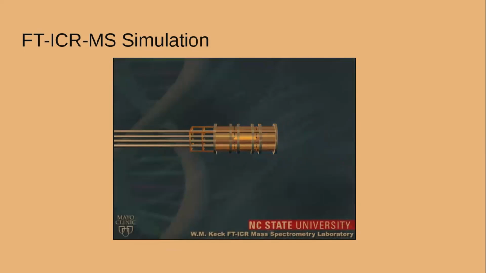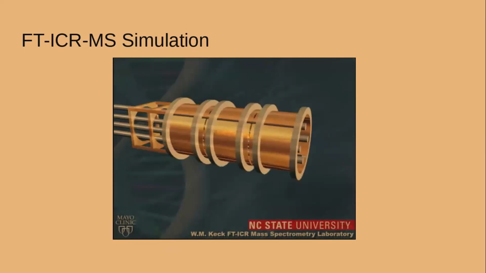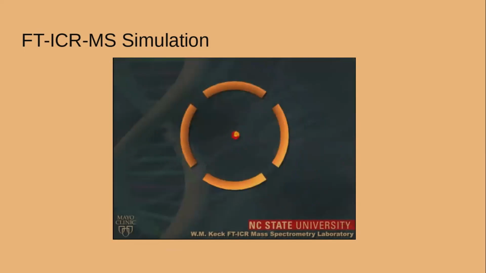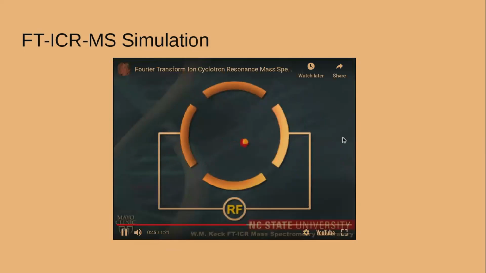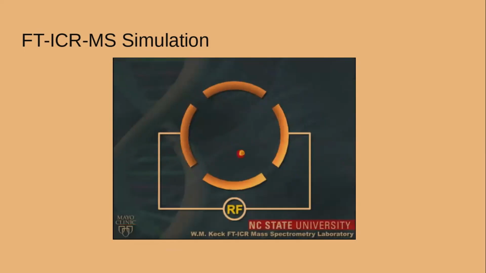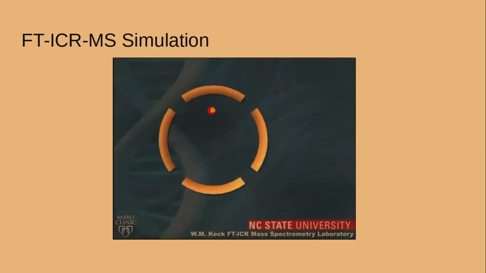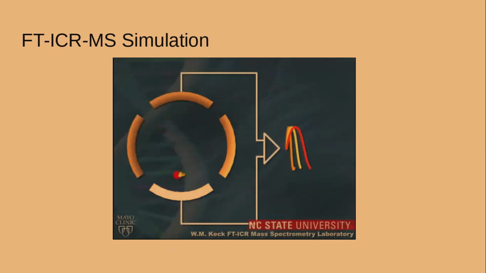And so they're in the Penning trap right now. So these two plates to the left and right are the excitation plates, which are being excited by that RF pulse. And once that's been applied, they can be detected off the detecting plates.